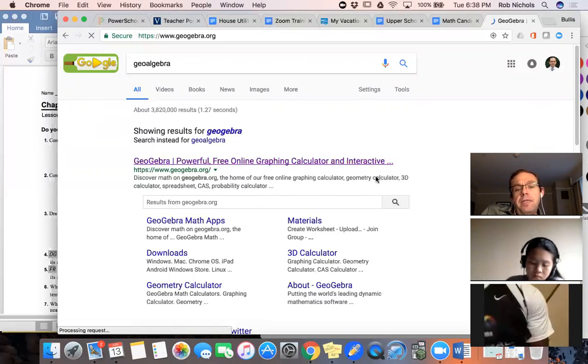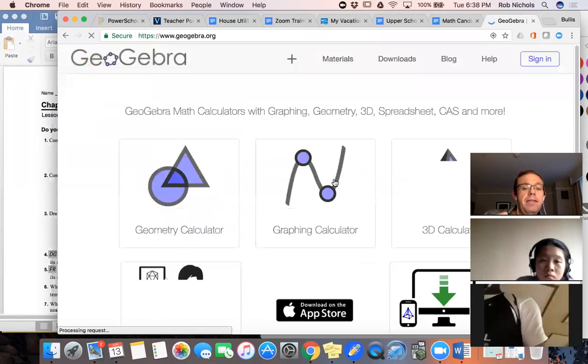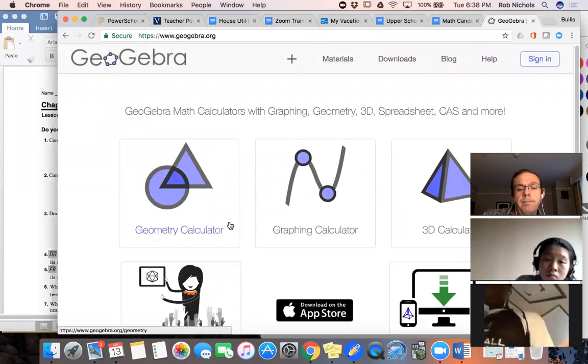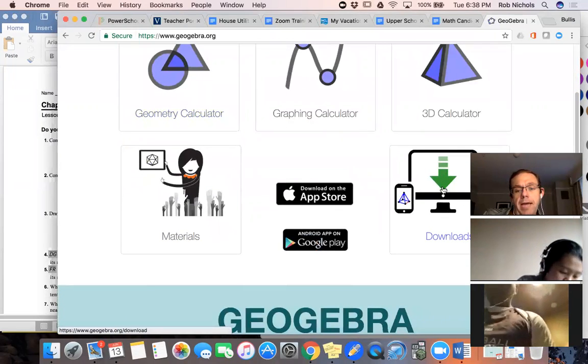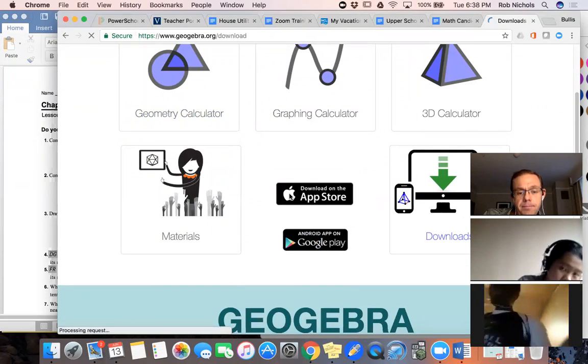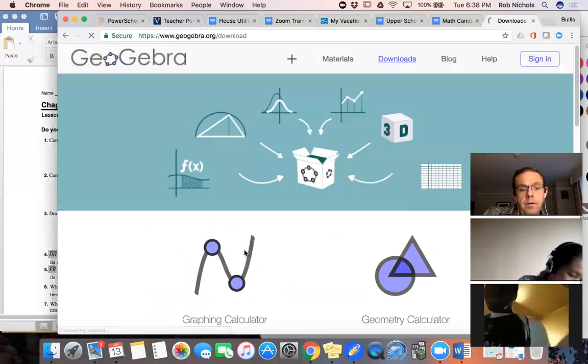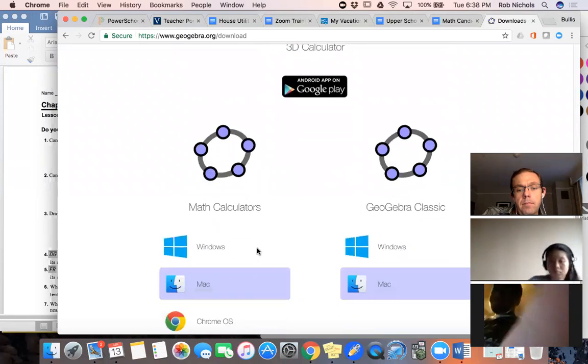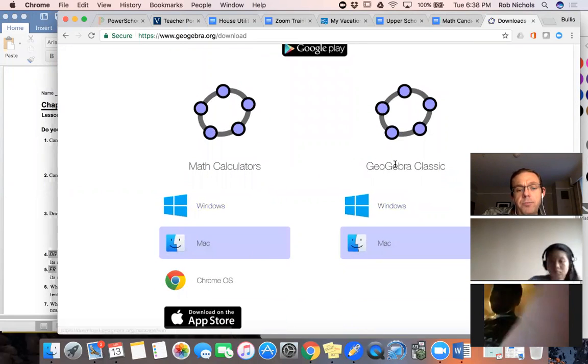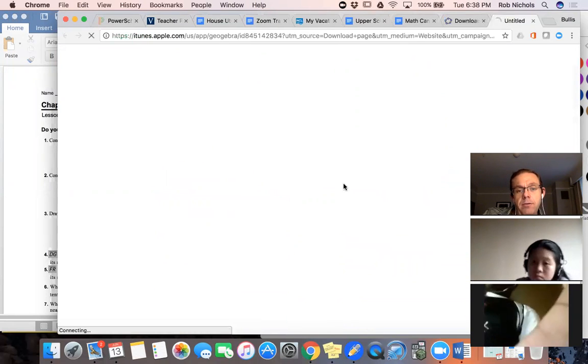And this is a really neat software program that lets you do some geometry stuff. So I would actually download this if you can. And then I would go to GeoGebra Classic, and I'm going to download the Mac version right now just to show you how to do it.